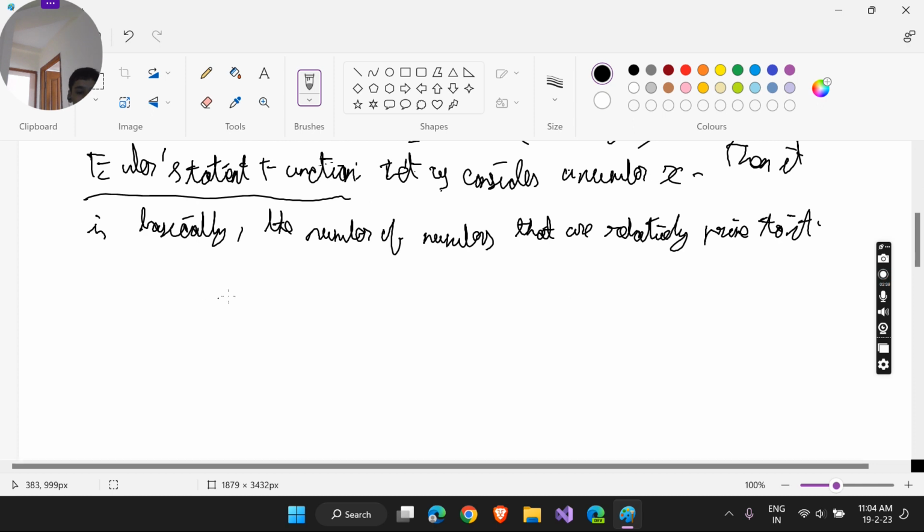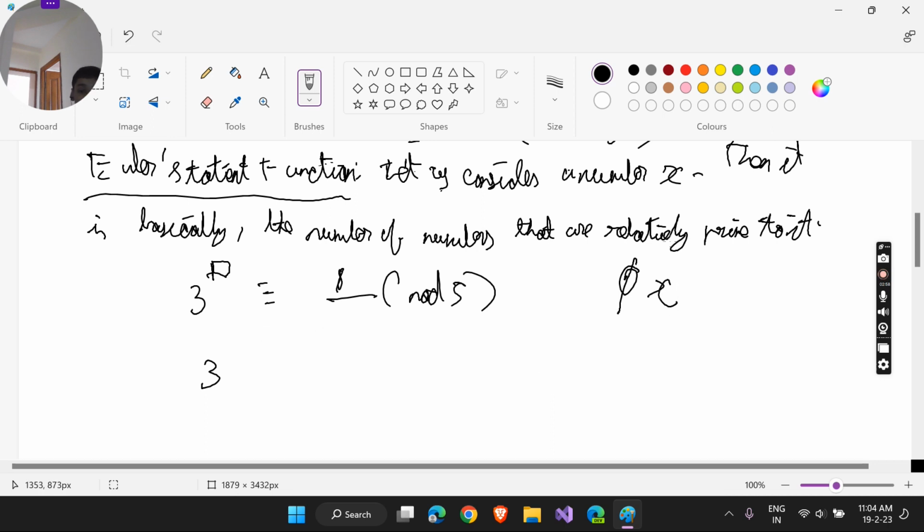For example, 3 to the power of some function is congruent to 1 mod 5. This is denoted by the function phi of the number x.